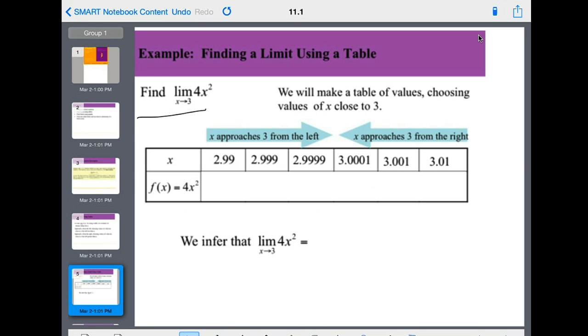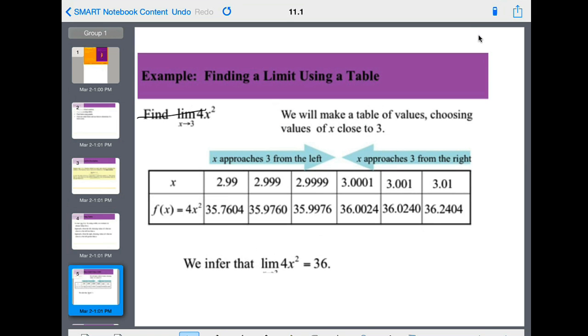So when we look at this table of values, what I want you to point out here is this. Notice that here's 3. We're not looking at 3. We're looking at it getting closer to 3. So at 2.99, it's 35.76. At 2.999, it's 35.97. At 2.9999, it's 35.99.